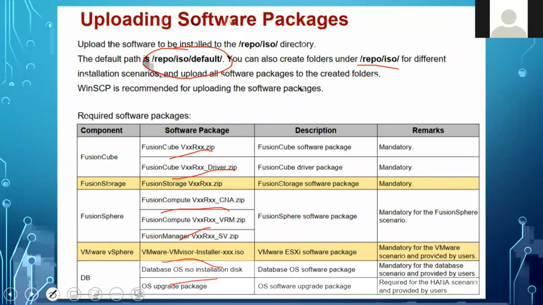According to your deployments, you have to download these packages and upload them to the Fusion Builder VM, because the Fusion Builder VM will deploy everything and do remote installation to your rack servers or chassis.